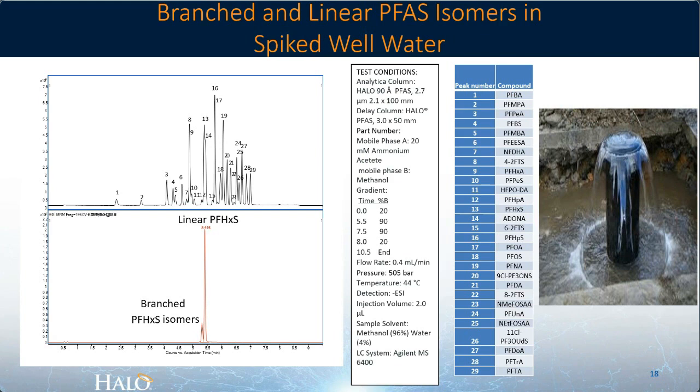We can also see a higher abundance of the linear than the branched, which is what you would expect because the branched isomers tend to migrate down to the sediment, whereas the linear do not. So in sampling, you would expect to see a little more of the linear than the branched, and that's what we see here. And this is a very quick analysis, done in just over 7 minutes.